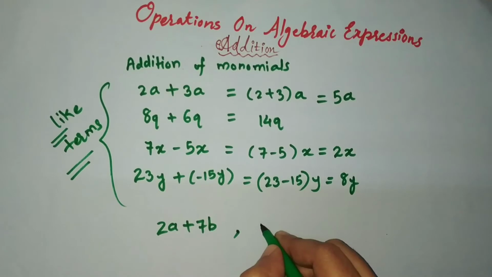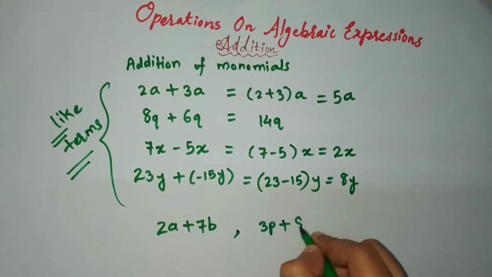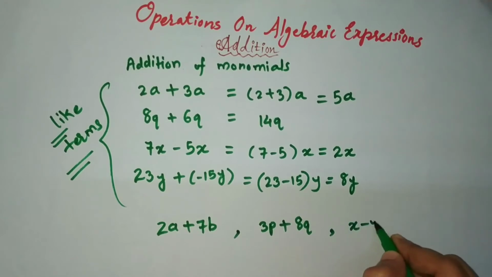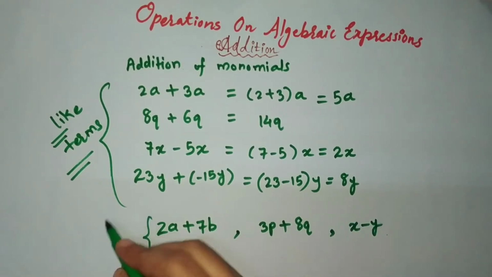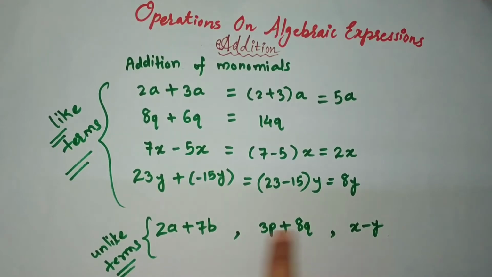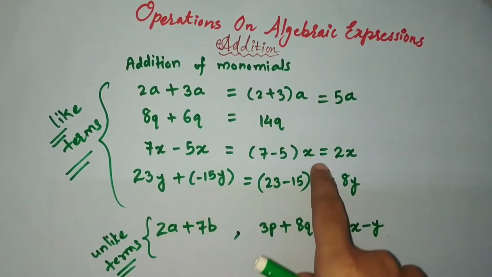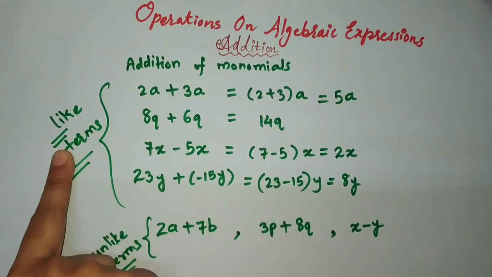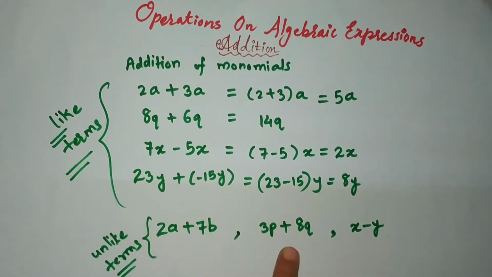Another, for example, you are having 3p plus 8q, so you can keep it as it is. Another, suppose x minus y. So these are what? Unlike terms. For the unlike terms you cannot perform any operations. It just simply indicates that they are in addition here, they are in addition here, they are in subtraction form here. Means you cannot do the operation like this for the unlike terms. So addition and subtraction is just for the like terms, and for the unlike terms you leave them as they are.